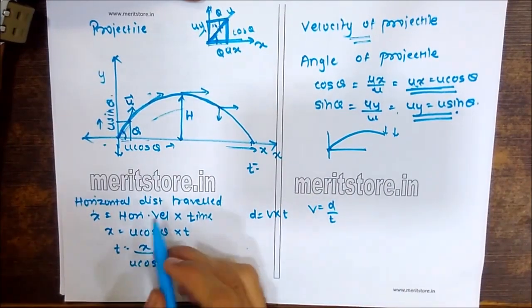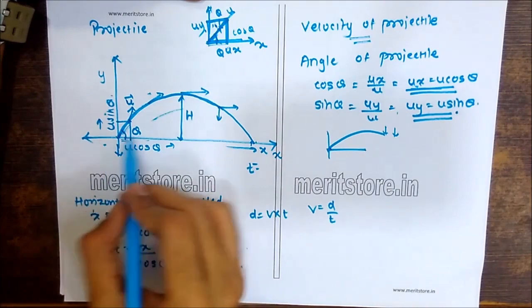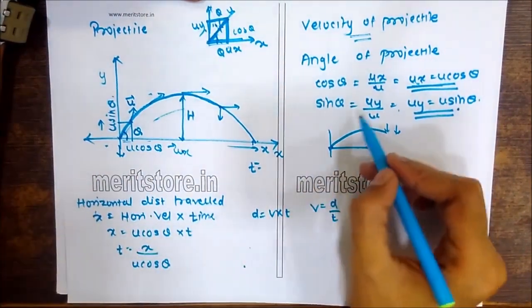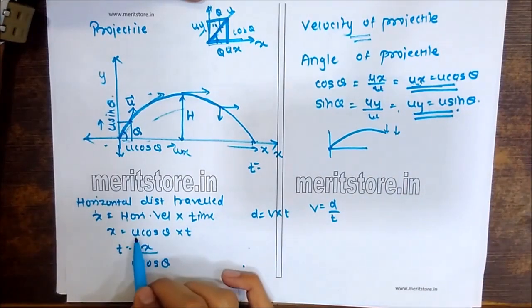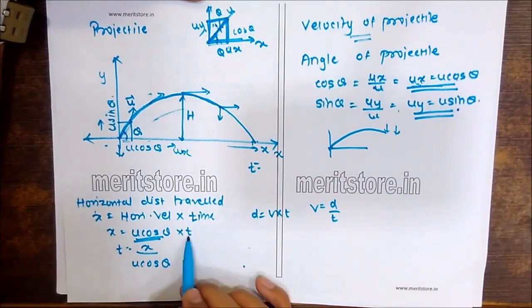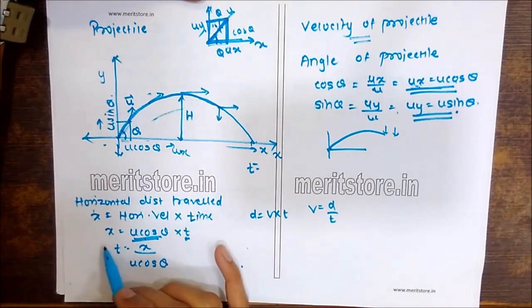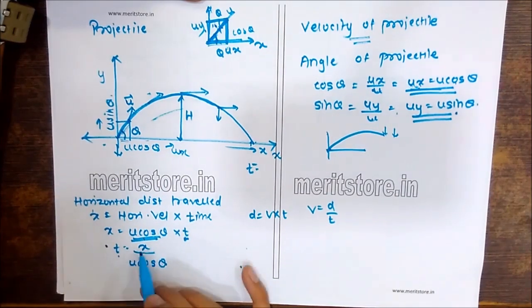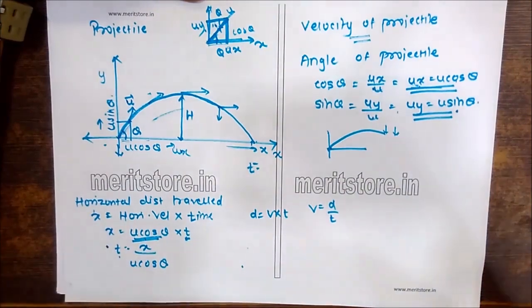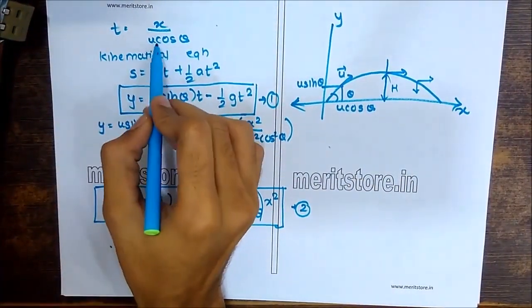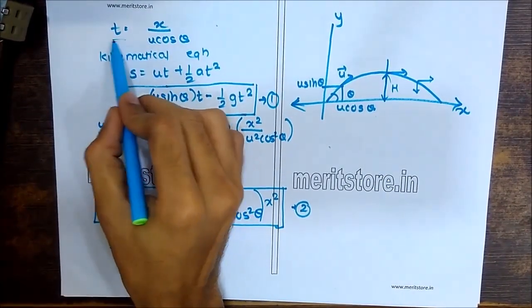The horizontal velocity here is ux, and the value of ux is u cos theta. So I have substituted u cos theta into time t. Putting u cos theta below x, you get t equals x upon u cos theta. After getting this equation, we found the time.